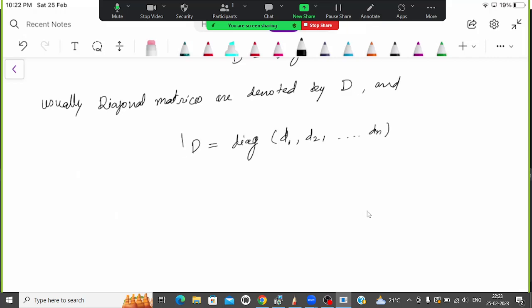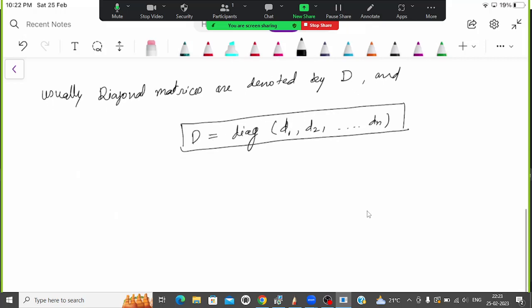So we can write it like this also, with diagonal elements.